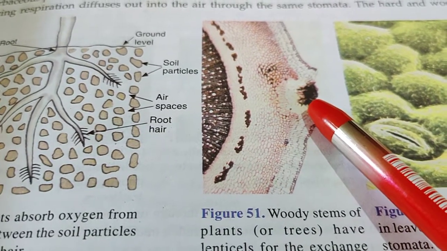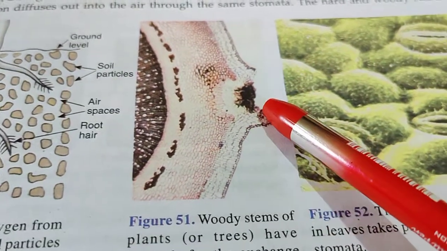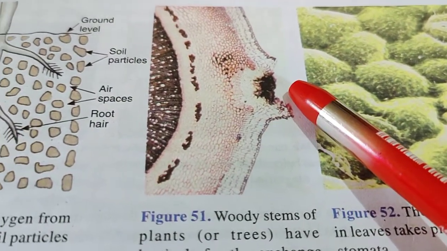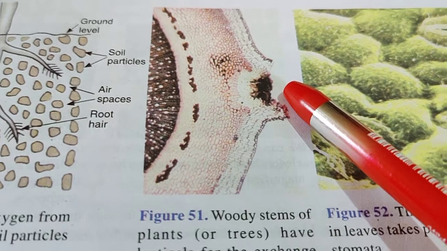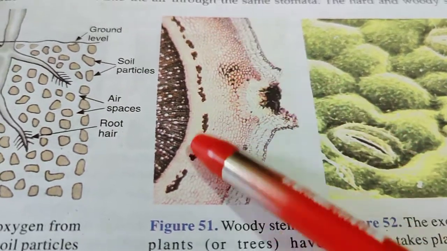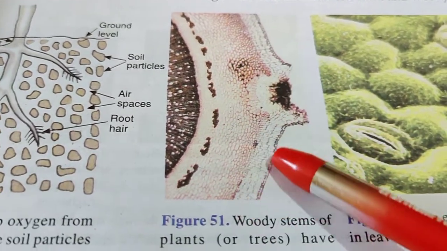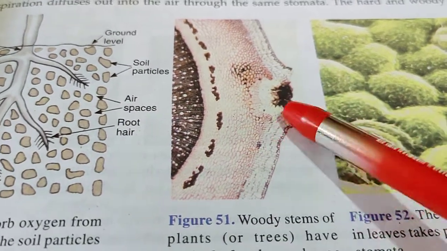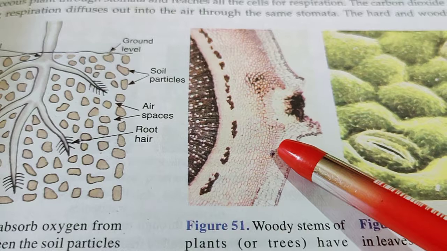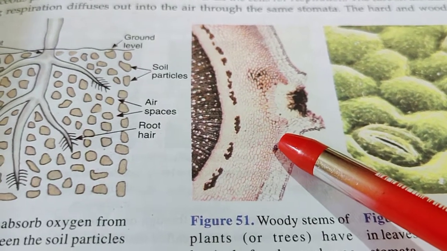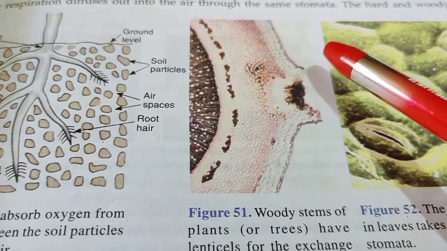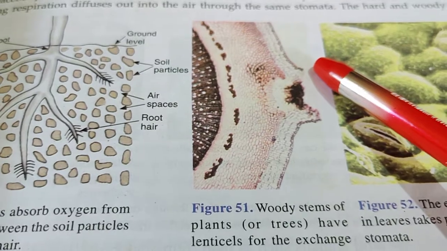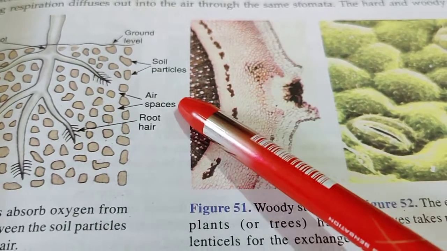So what is a lenticel? A lenticel is a small area of bark in a woody stem where the cells are loosely packed. This structure allows the gaseous exchange to take place between air and the living cells of the stem.